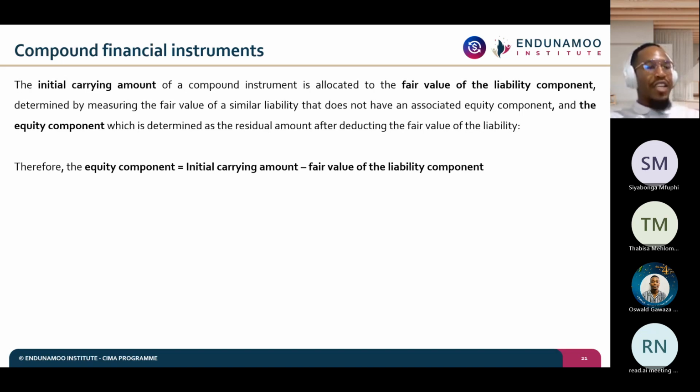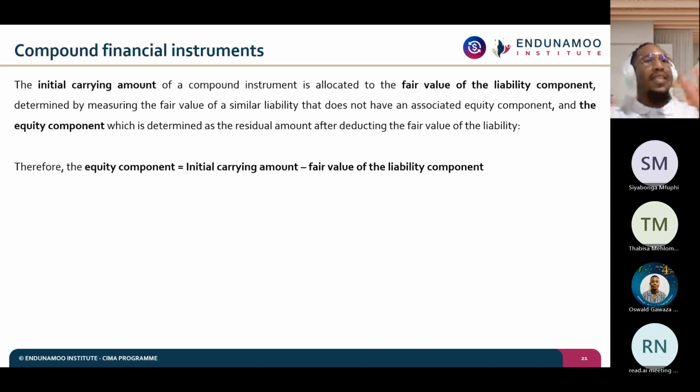If they give you cash, it means your bank account has increased, which is the asset. You then need to determine the financial liability portion. And if you then say the asset in the bank account minus the financial liability should give you the equity component.